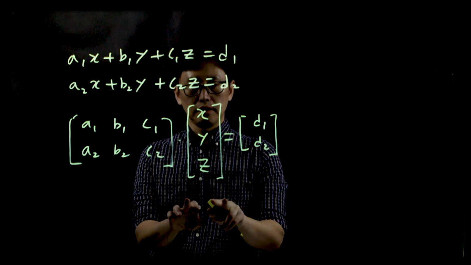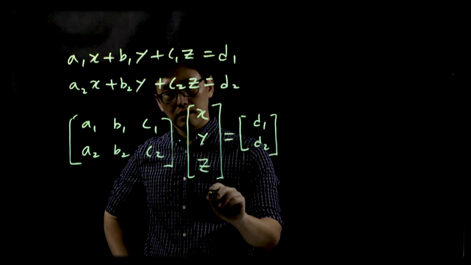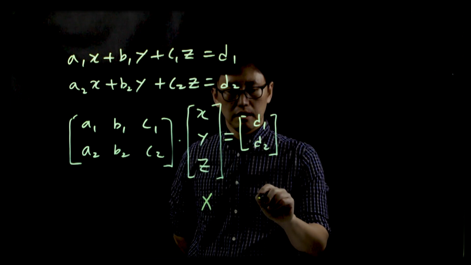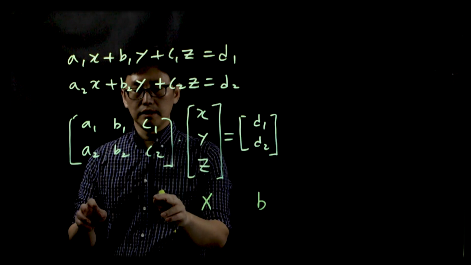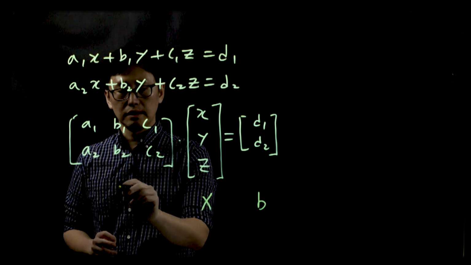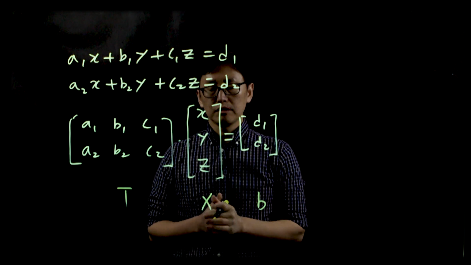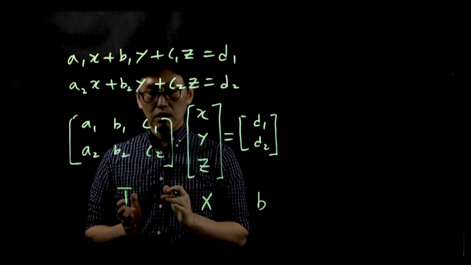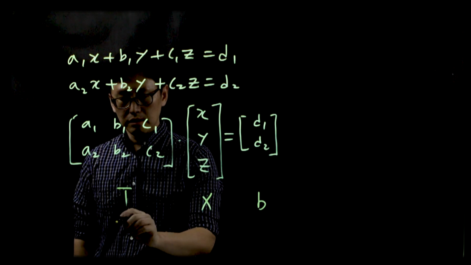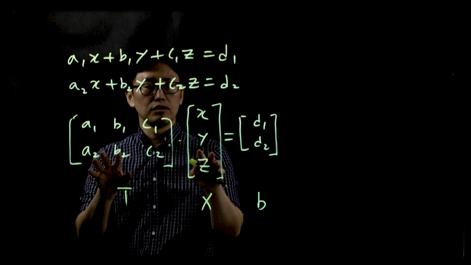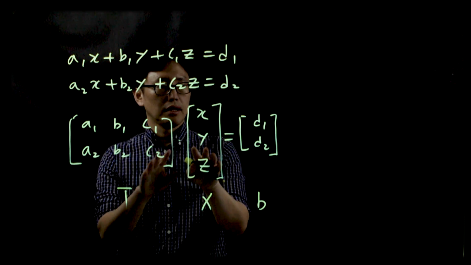Let's denote this vector as x, this column vector as b, and this matrix as T. Then for matrix multiplication to occur, there is a rule regarding the dimensions of these matrices, their rows and columns.